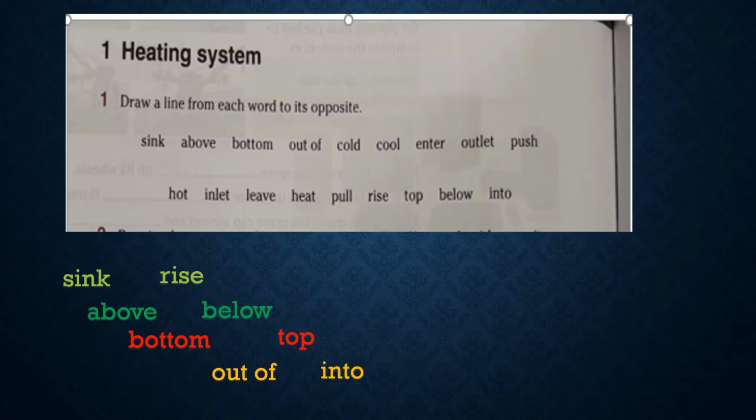Excellent. The next word is cold. And the opposite is hot. Excellent. Next, cool, heat. Cool here is a verb, and heat also is a verb. To cool something means to make the temperature less.